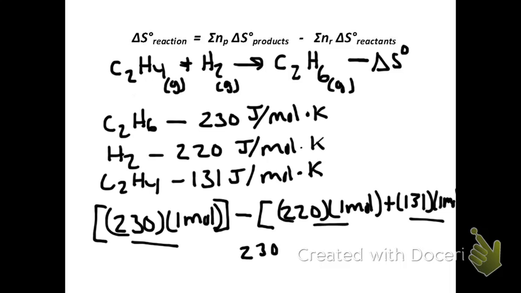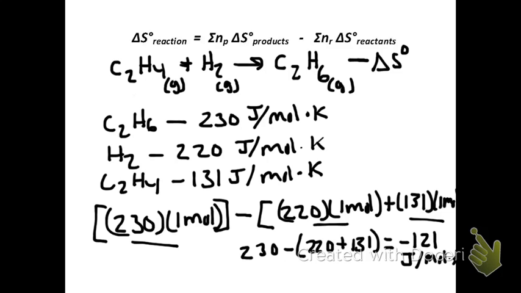230 minus 220 plus 131, and that should equal negative 121 joules per mole Kelvin.